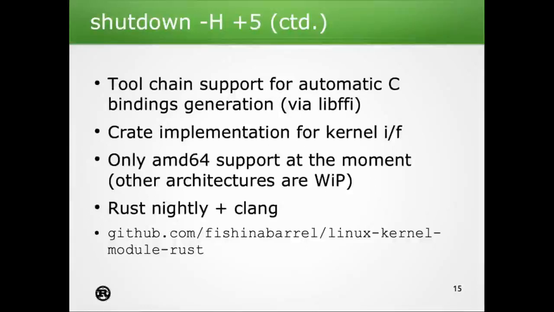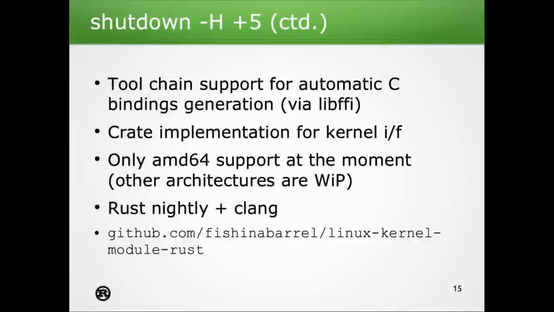And this is where FFI, as in the foreign function interface, comes in handy. There's a great implementation for the kernel interface. The kernel does have a very detailed module interface that allows modules to talk to the kernel.